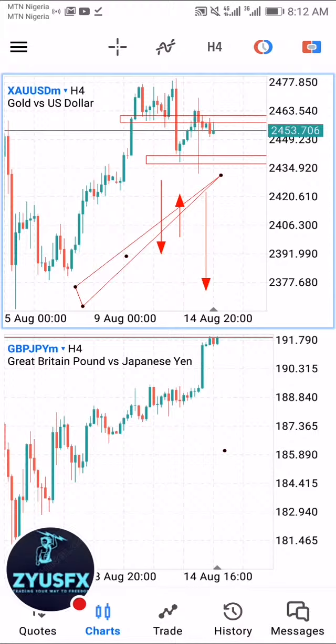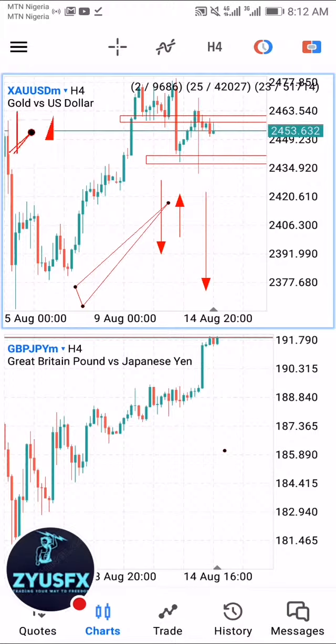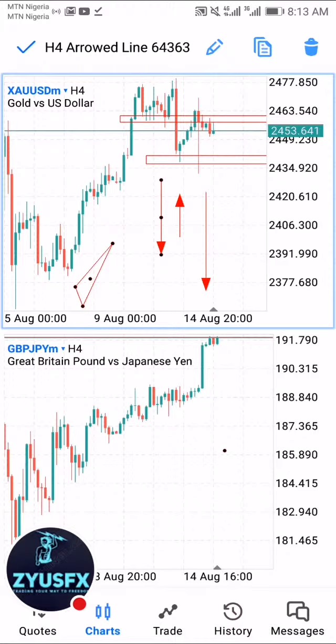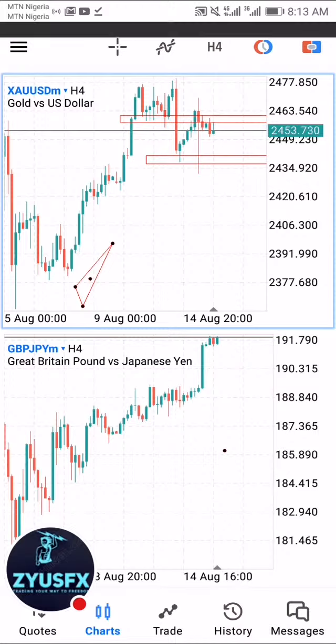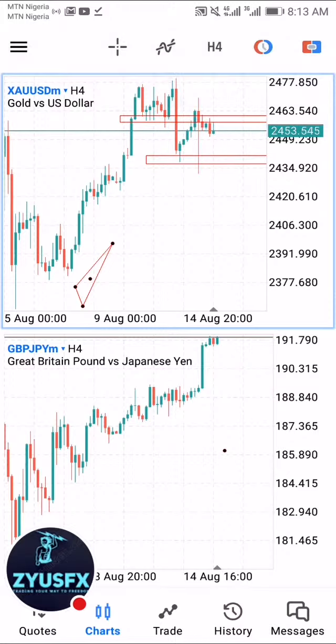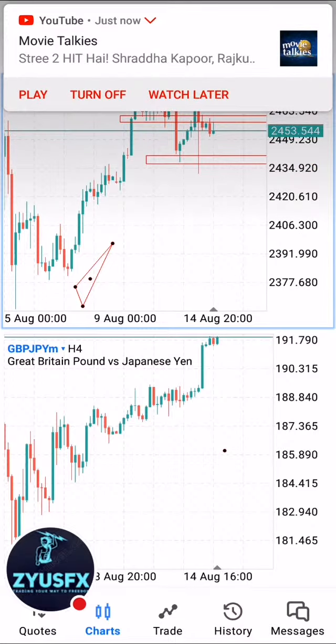That's all we are doing. It's no rocket science. Once you understand the fundamentals of trading and how the market is moving, the sky is the limit. There's no way you won't make money in the market.